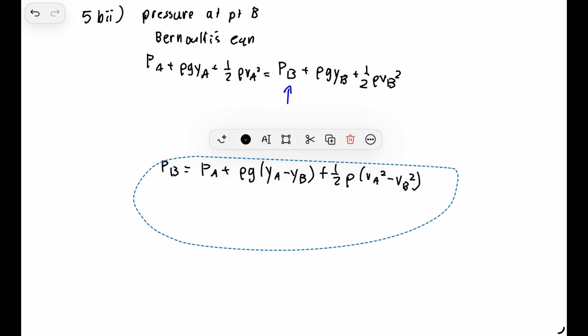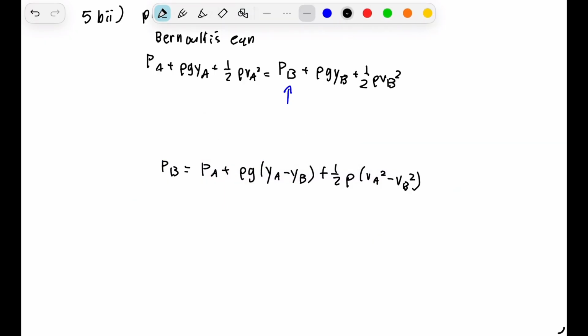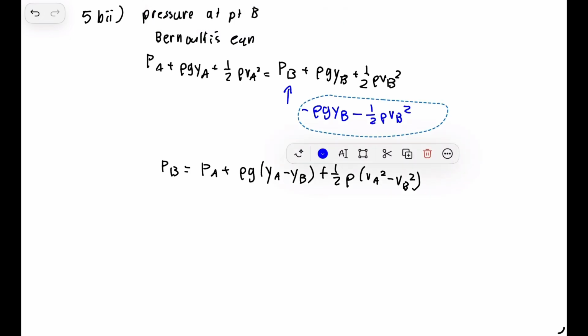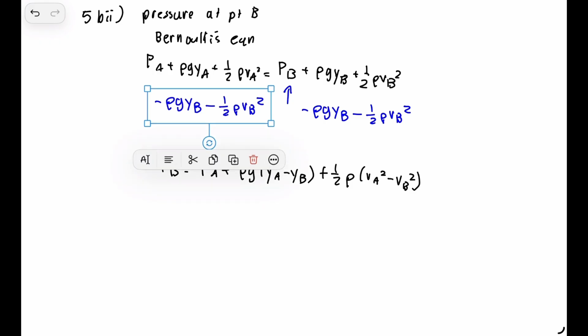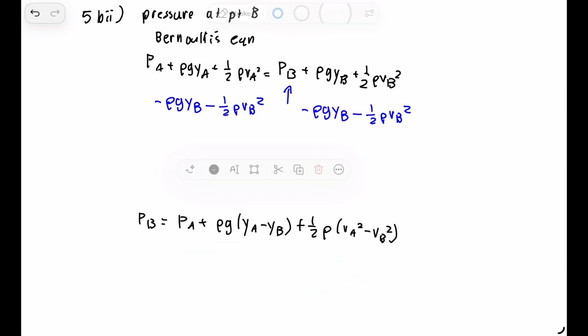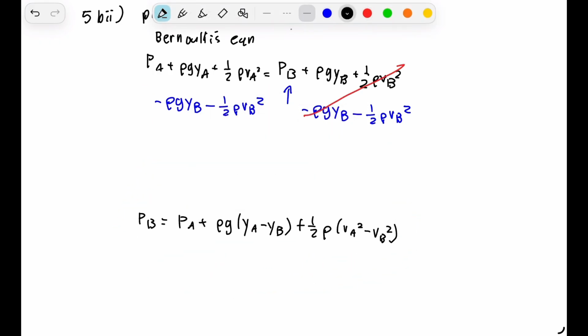So all we did here, just to backtrack, we subtracted this term and this term. So this canceled out.